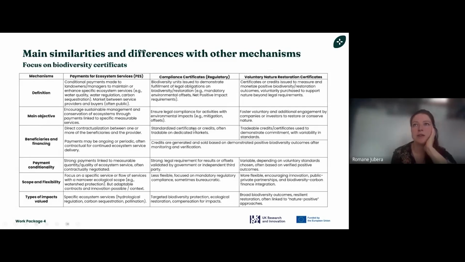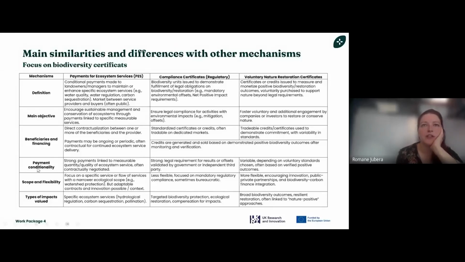For compliance certificates, usually you have standardized certificates or credits, tradable on dedicated markets. It's also the case for voluntary certificates that are used to demonstrate some commitments, with some variability in the standards used. The credits are generated and sold based on demonstrated positive biodiversity outcomes after monitoring and verification.